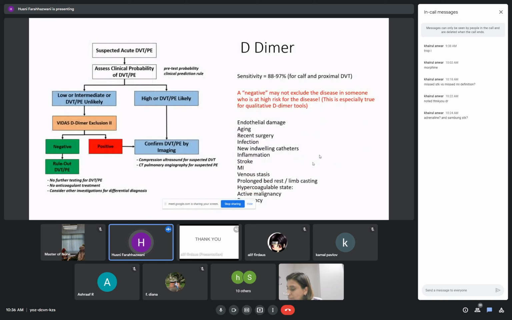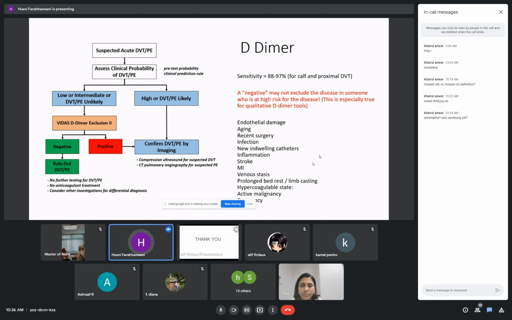The D-dimer, doctor. The D-dimer sensitivity is 88 to 97% for focal proximal DVT, but a negative may not exclude the disease in someone who is at high risk for the disease. We know that D-dimer can be positive in other things also, like endothelial damage, which means in a condition that has blood clots, D-dimer may also increase.